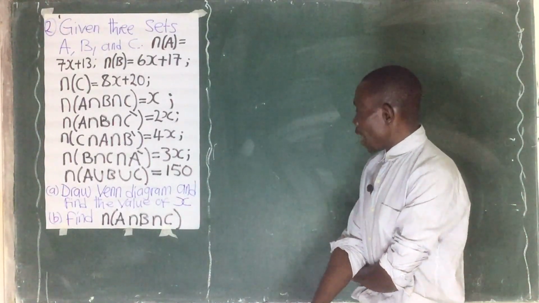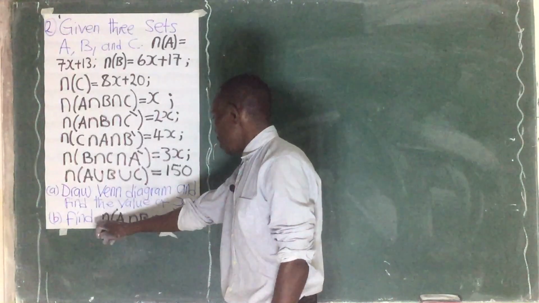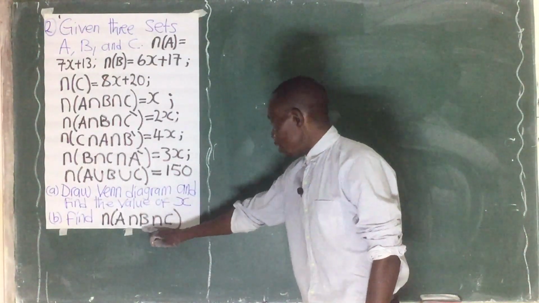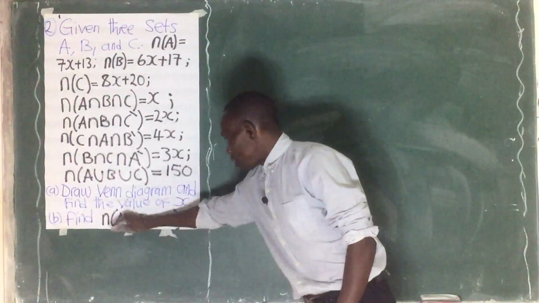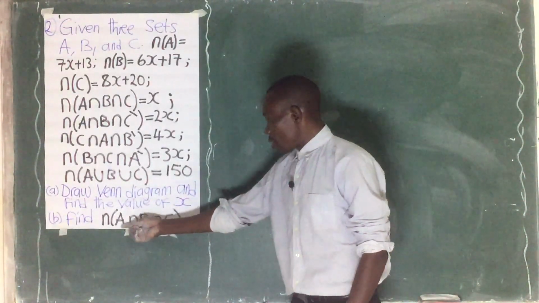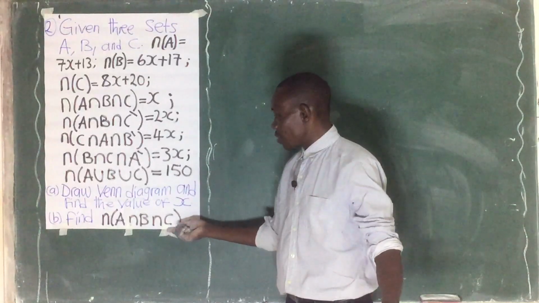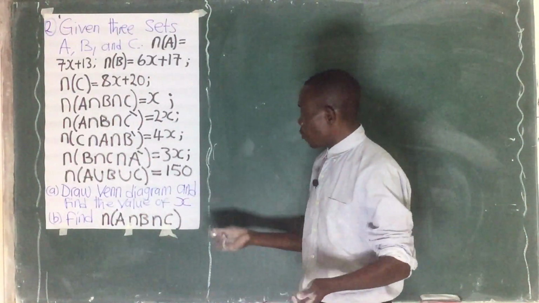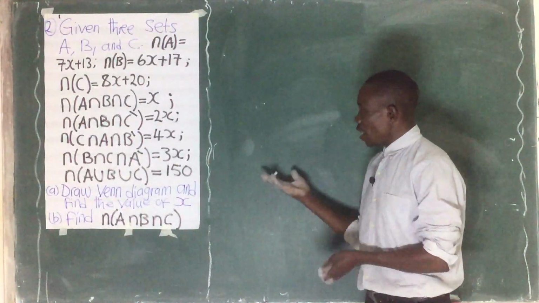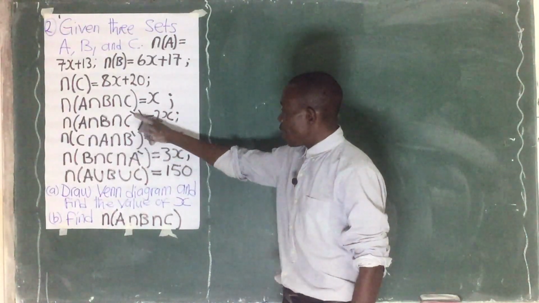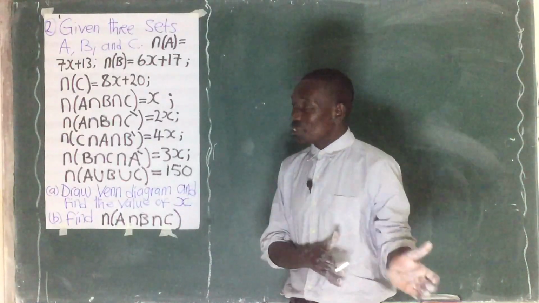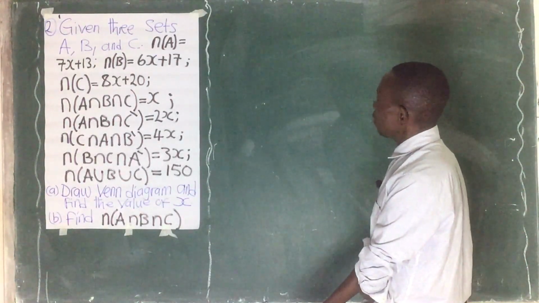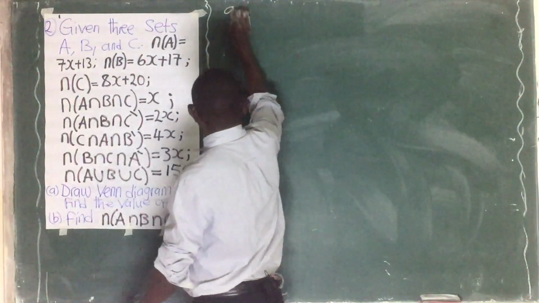Finally, we are asked to find n of A intersection B intersection C. By this time you understand these symbols. You know what n means, simply counting how many there are. The apostrophes you see here stand for complement, what is not contained in that set. Now here we are, the Venn diagram for part A.